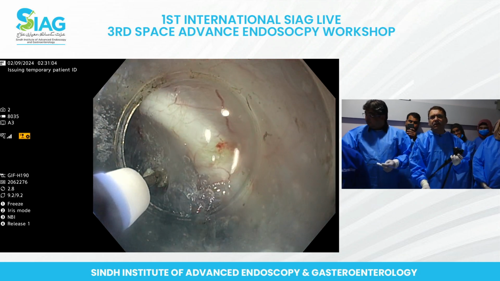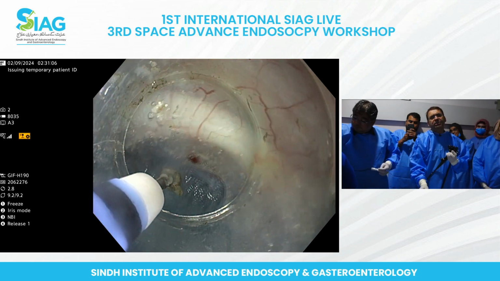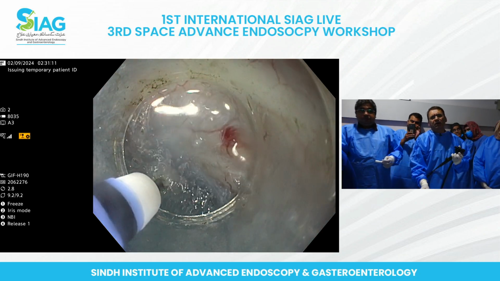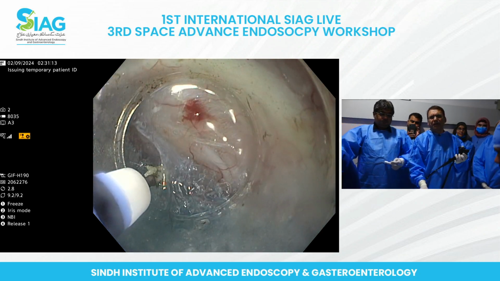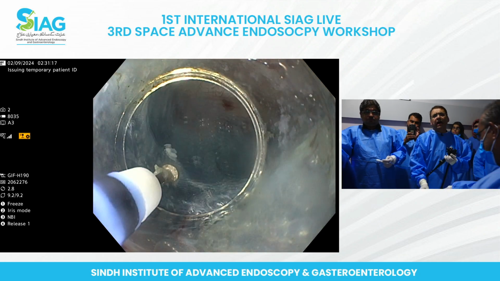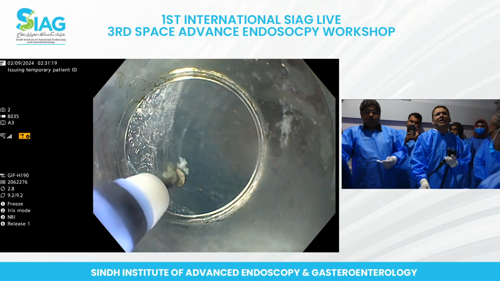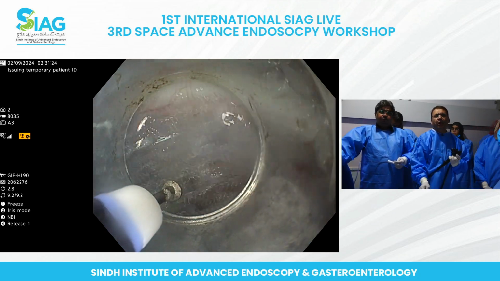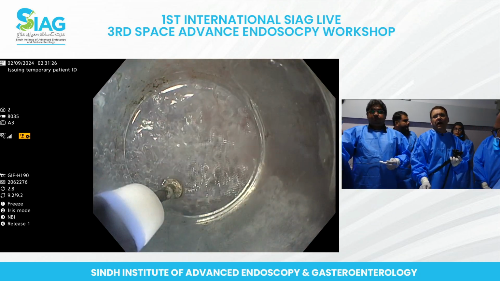For that, I will use a dual J, and based on whether it's in the stomach, esophagus, duodenum or colon: in the colon I'll use a 1.5, and in the upper GI, I'll use a 2 millimeter. But for POEM, my preference is RB J.